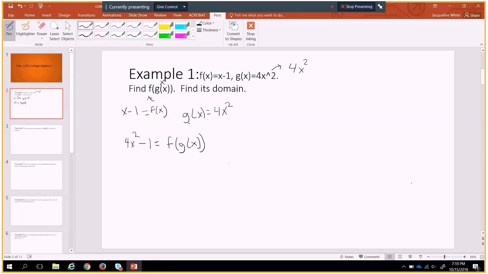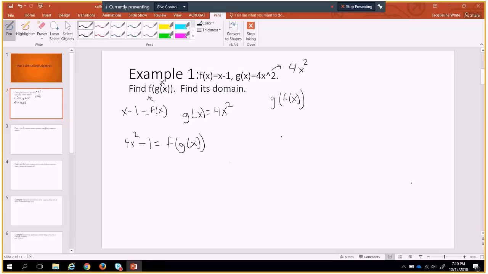Let's do it the other way around. Say the question was asking g of f of x. Like I said, we substitute the inside function for every single x in the outside function.